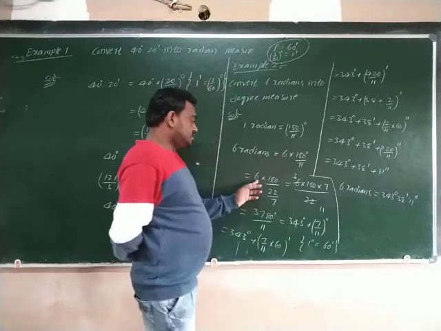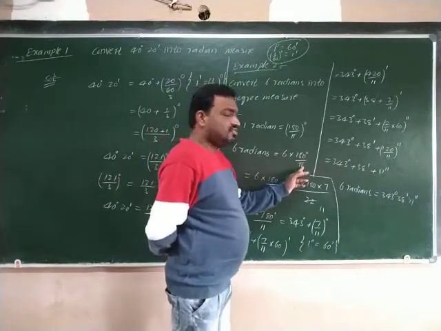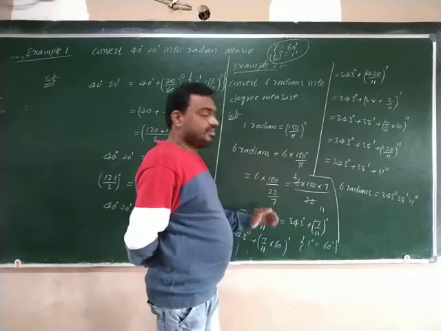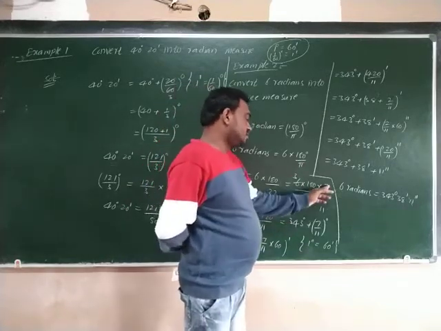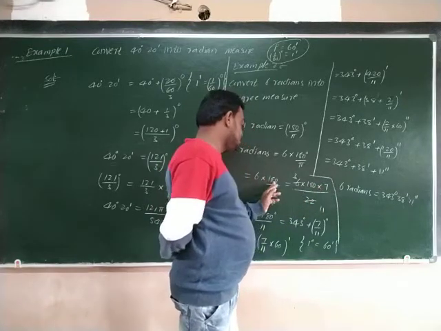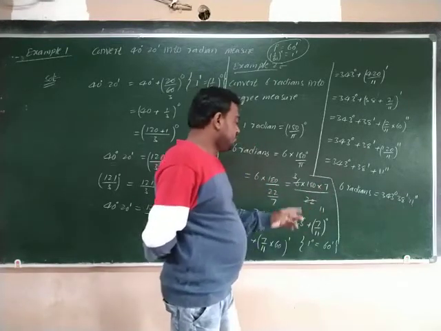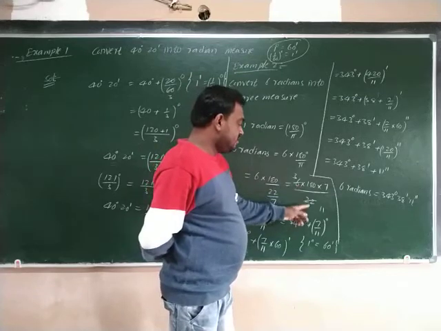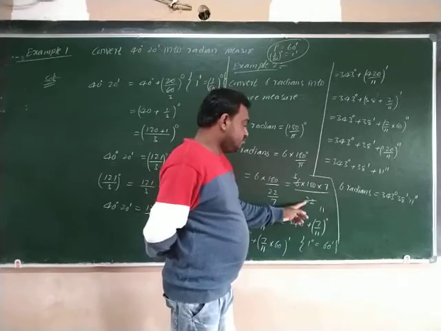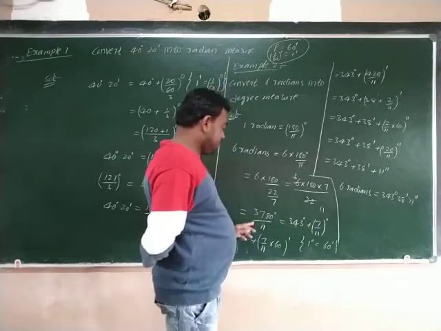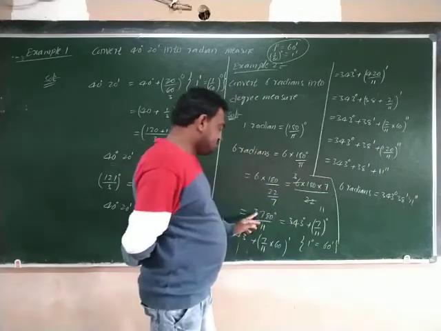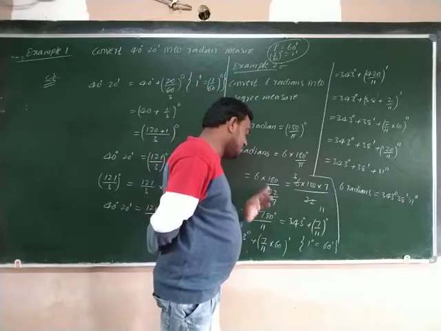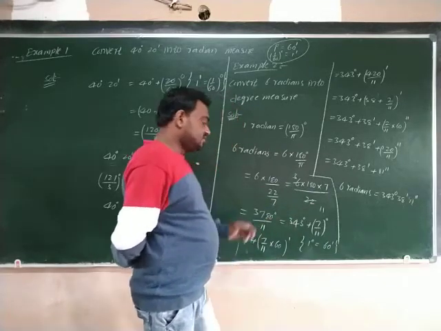With pi as 22 by 7, the 7 is multiplied in the first position: 6 into 180 into 7 by 22. Cancel these two using the 2 table: 2 times 11 is 22. What remains is 3 into 180 into 7, that is 3780 by 11.